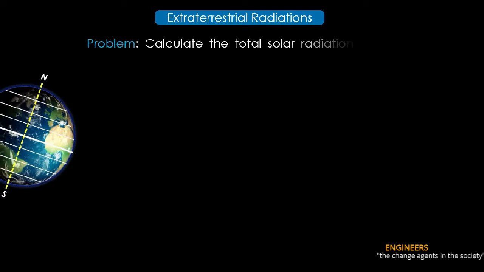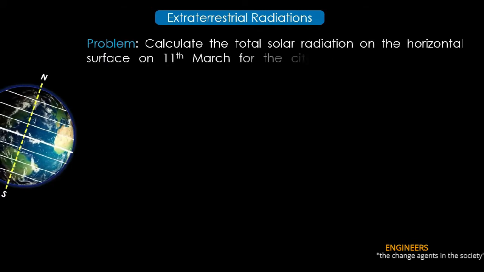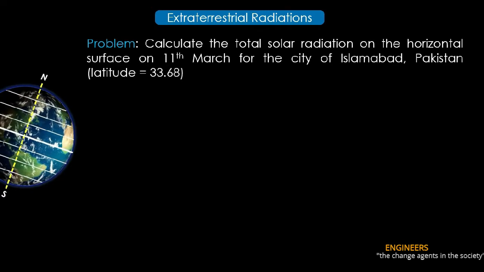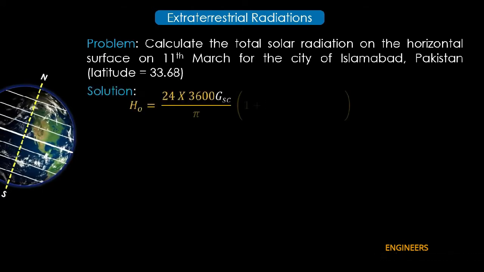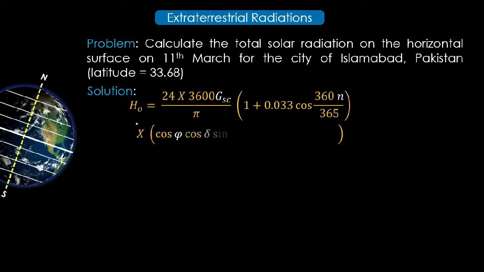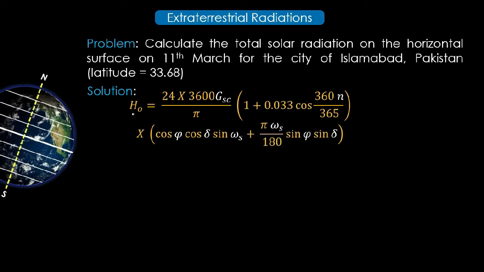Now let's calculate the total solar radiation on the horizontal surface on 11th March for the city of Islamabad, Pakistan. The latitude is already given, 33.68, and to solve this we have the expression. In this expression, H naught is the radiation for the entire day.